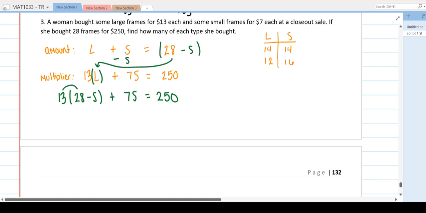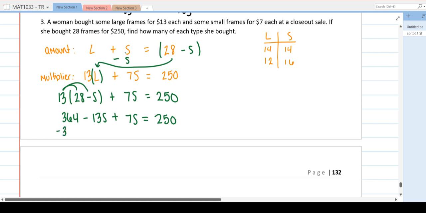Then we say 13 times 28 is going to be 364, minus 13S plus 7S equals 250.